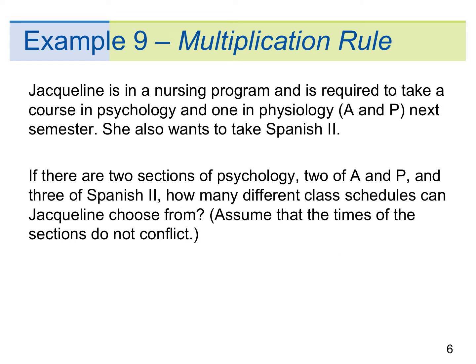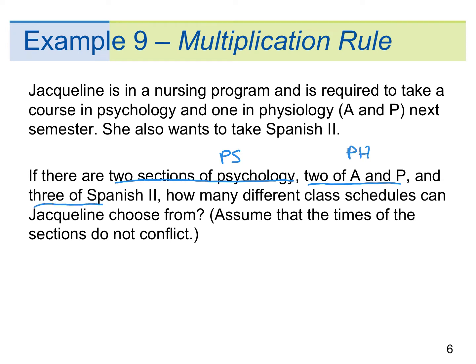Jacqueline is in a nursing program, is required to take courses in psychology, physiology next semester. She also wants to take Spanish. There are 2 sections of psychology, which I'll denote by PS. There are 2 sections of physiology, which I'm going to denote by PH.